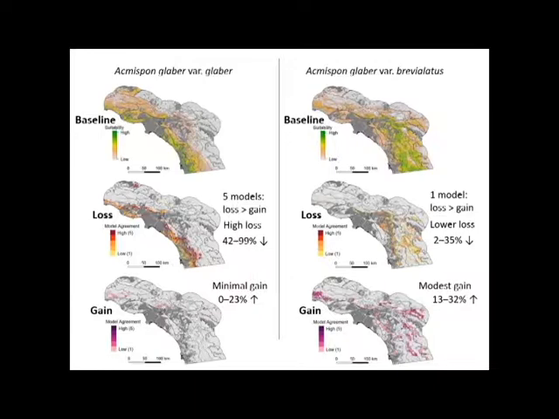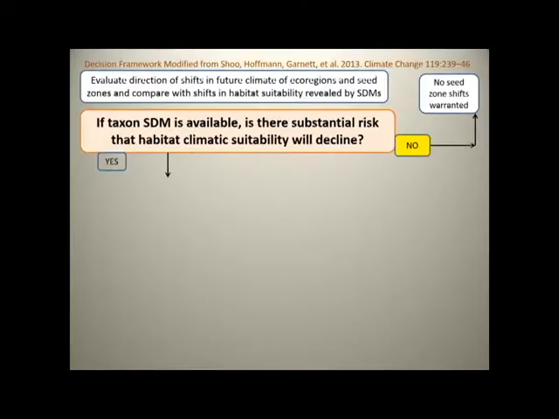This is one of those that is projected to have some real problems in the future in terms of suitable habitat loss. Brevialatus, on the other hand, only one of those models projected habitat loss, and a modest gain. So we do really need to look at these as potentially very different situations.